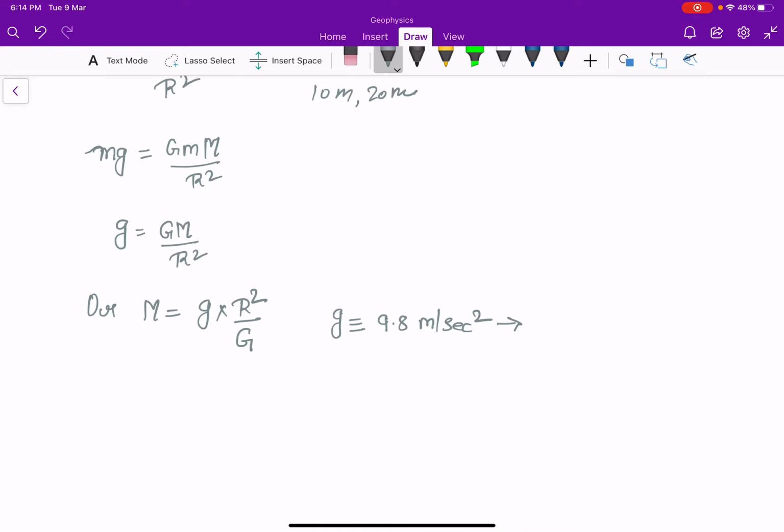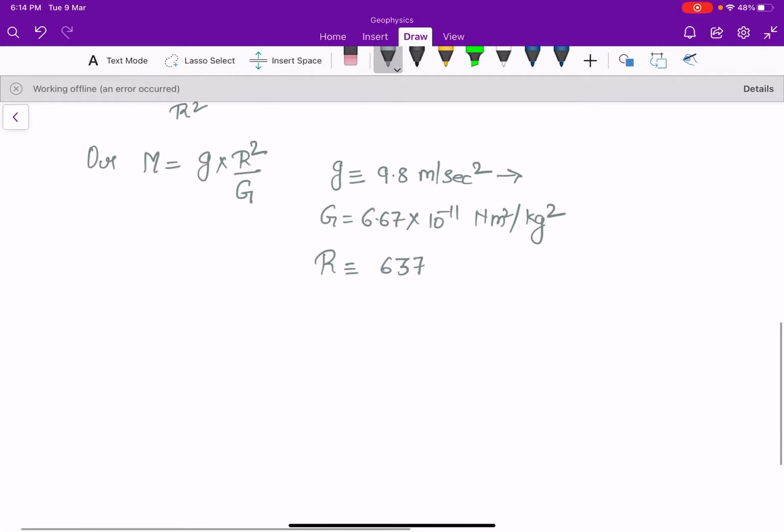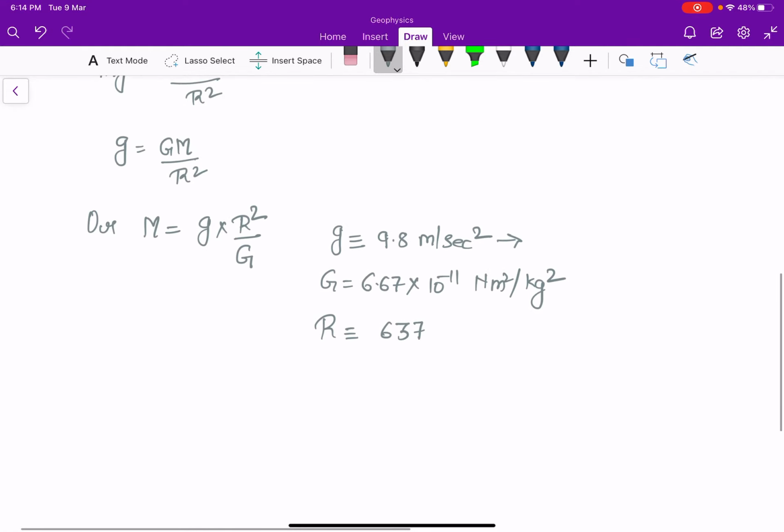And G will be 6.67 into 10 to the power minus 11 Newton meter square per kilogram square, and r, the radius of Earth, is 6371 kilometer.